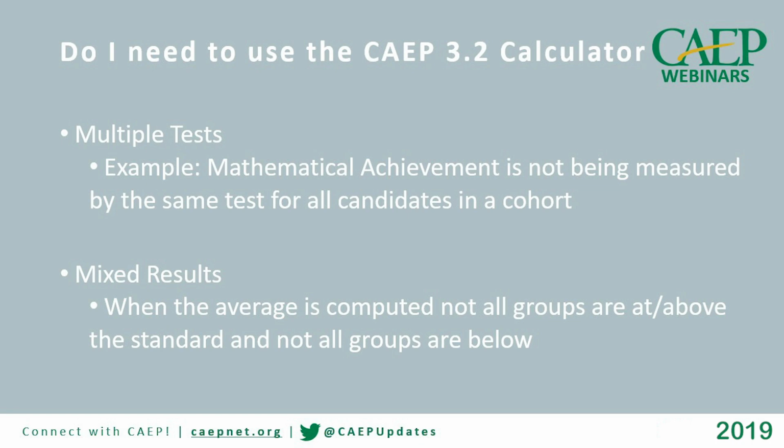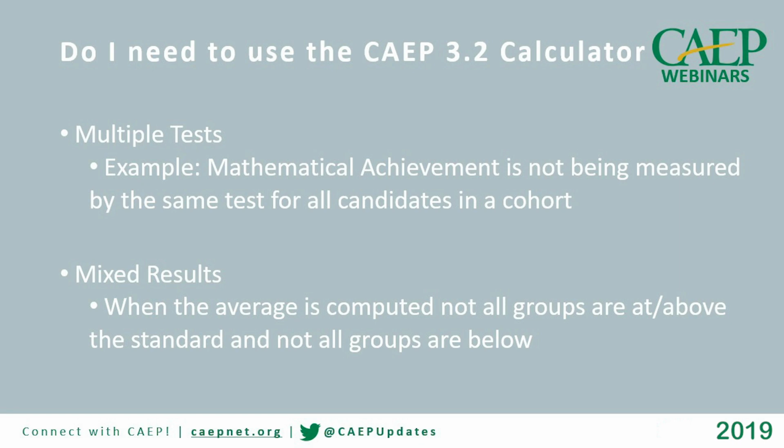If an EPP computes the averages for each of those parts of the cohort separately, and they're all either above the respective standard for 3.2 or they're all below, then the results are not mixed.